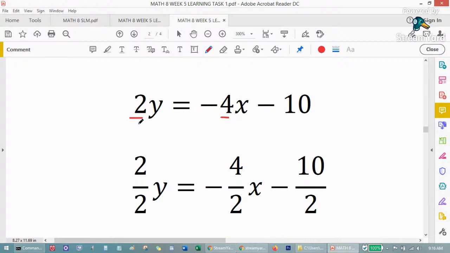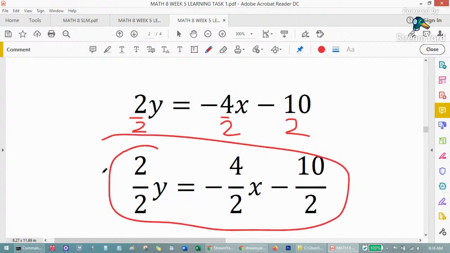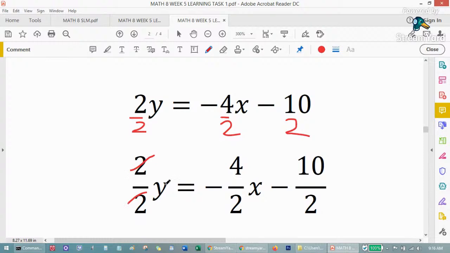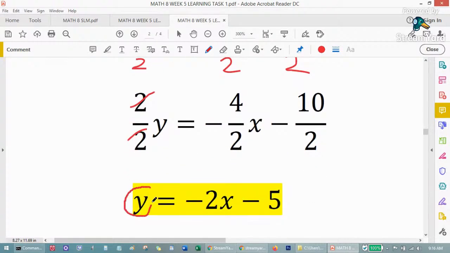So, kapag nag-divide tayo ng 2 dito, 2 doon, at 2 doon, ganito mangyayari. 2 divided by 2 is y, negative 4 divided by 2 is 2 times x, okay, 2x, minus 10 divided by 2 is 5.